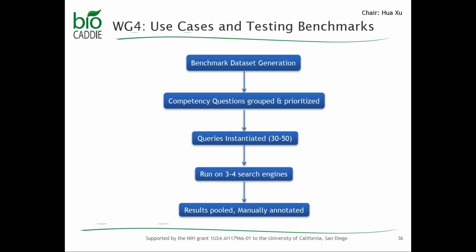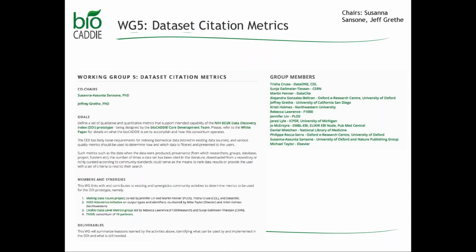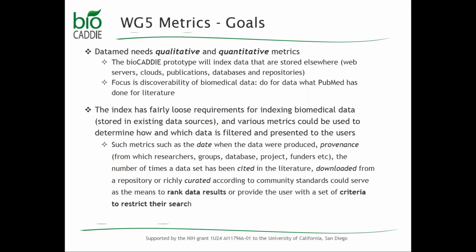So the use cases were essentially creating these benchmark data sets, instantiating the queries, running search engines, and manually annotating the quality of results. We also had a working group on data citation metrics, because they are important in order to reward those who share the data.